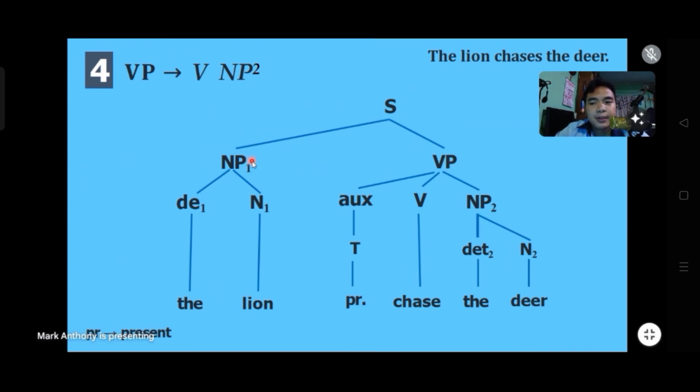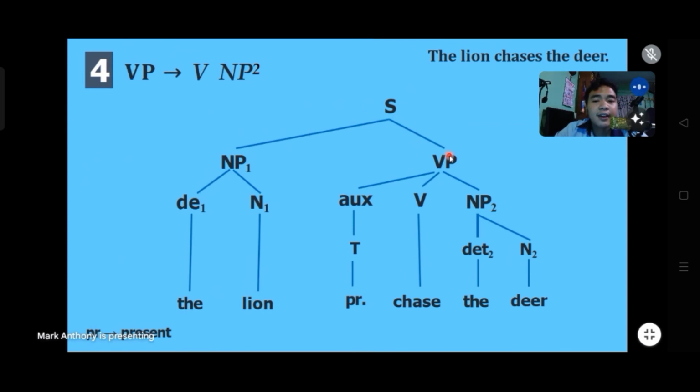So we have here labeled number 1 because it is the first noun phrase in the sentence. First off, the noun phrase is divided into two sub-constituents, in which the word the is the determiner and lion is the noun, the first noun phrase.